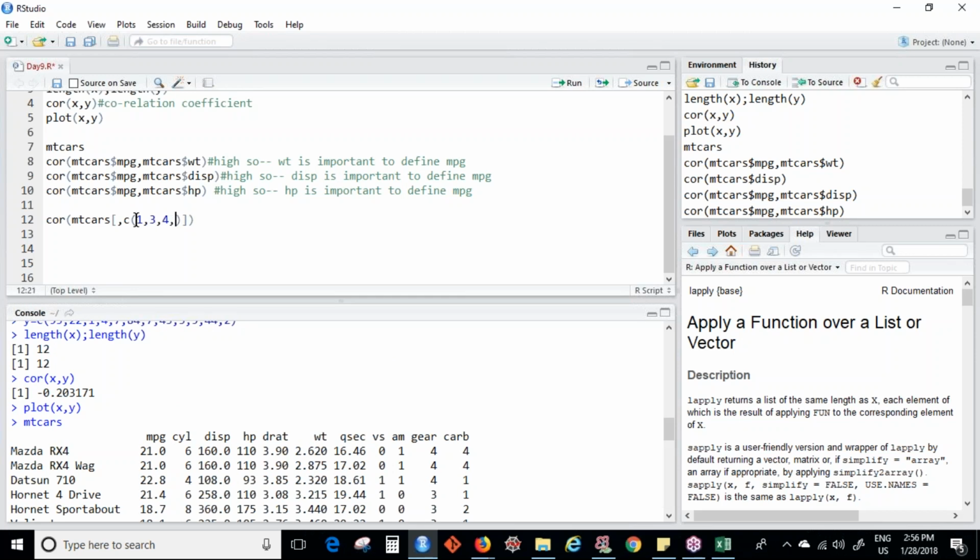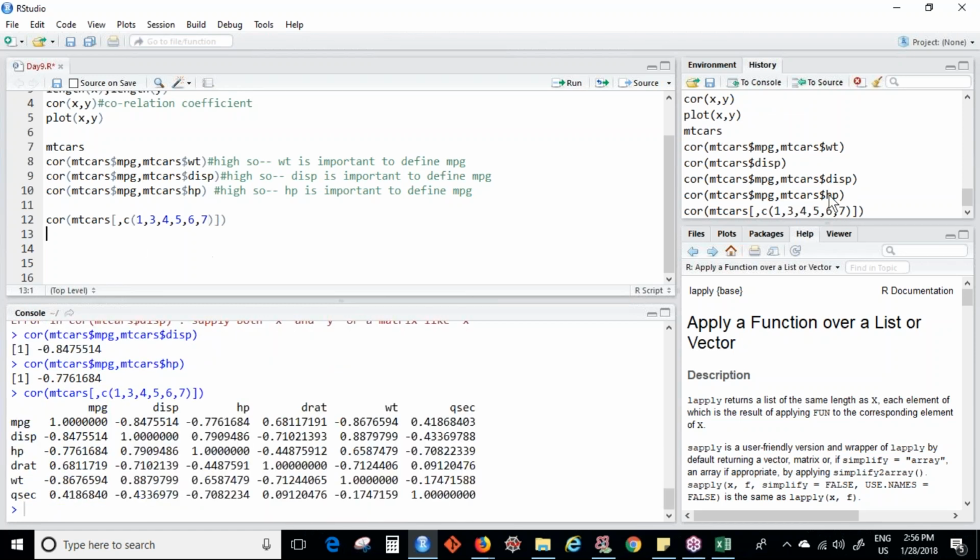Horsepower number 4. Drat, that is number 5. Weight is number 6. Let's include qsec also, which is 7. That is all. So I'll find the correlation between all of these. I'll run this. You will get a matrix, which will show the correlation of all variables with all other variables.